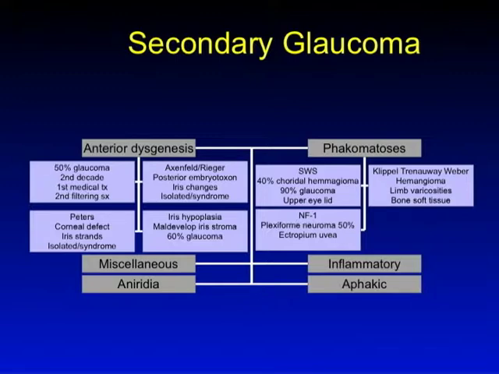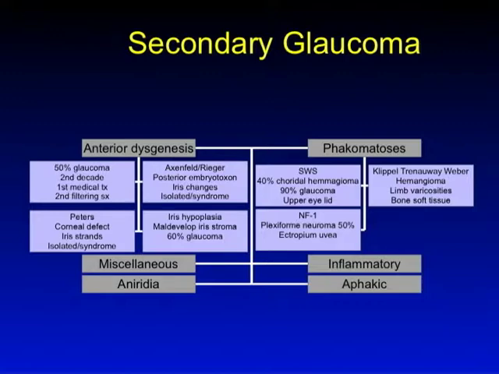Secondary glaucoma, these are probably the list of the most important conditions. Anterior segment dysgenesis. We're going to talk about them in a few minutes. There is a risk of glaucoma in about 50% of the patients that have syndromes, which means it's not only the eye that is affected. These are patients that have Axenfeld syndrome, not just an Axenfeld anomaly, because if it's isolated, it's probably unlikely that they're going to have glaucoma.